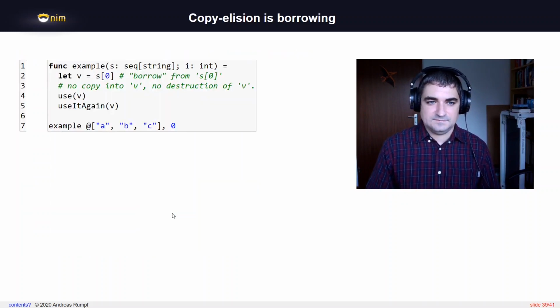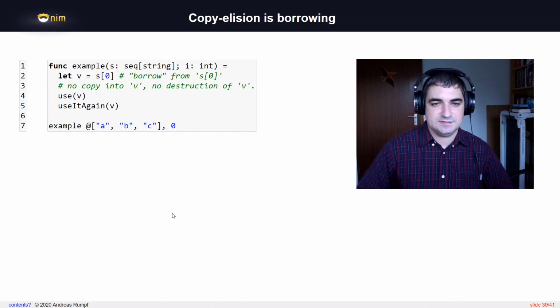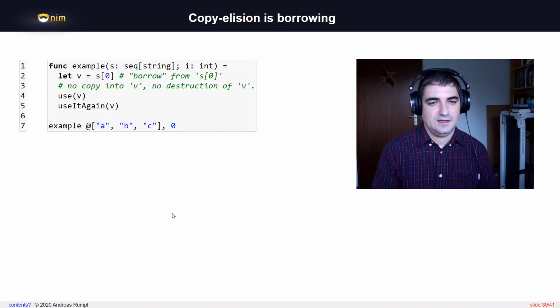Okay, so copy-elision is really a form of borrowing. Here's a different example. I start with a sequence of strings and I pass an integer index, and then there is some idea here that I do not want to evaluate this s at position y all the time.